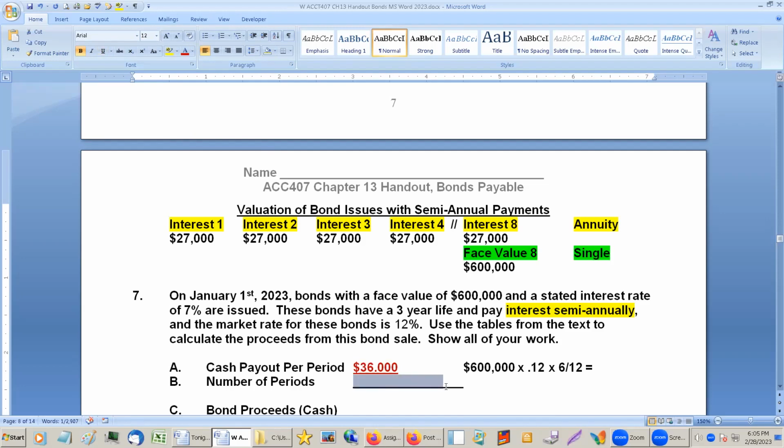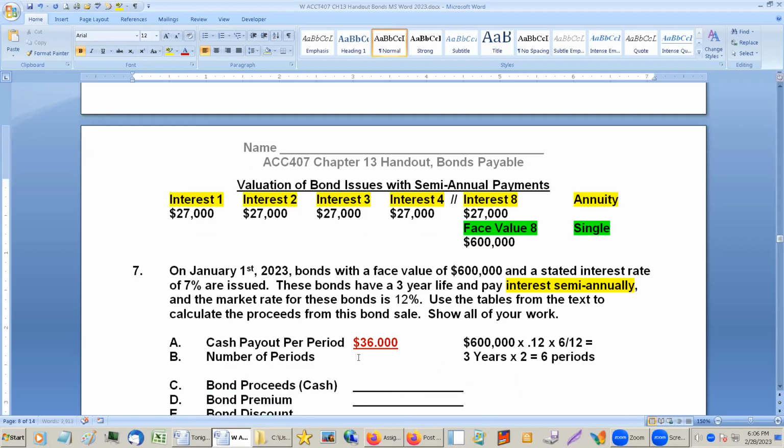Number of periods is 3 years. They're paid out twice a year, so 6 periods.